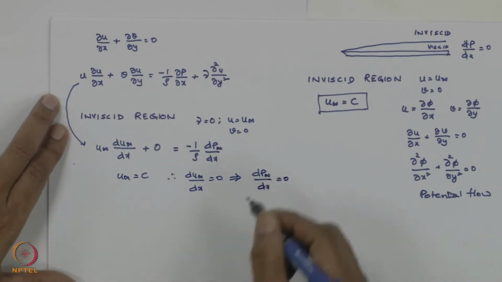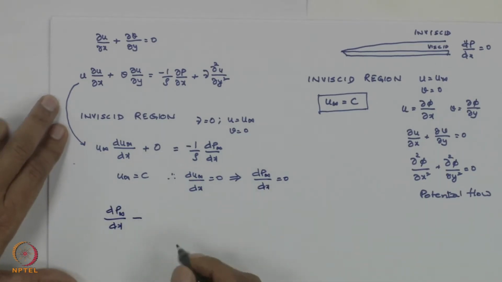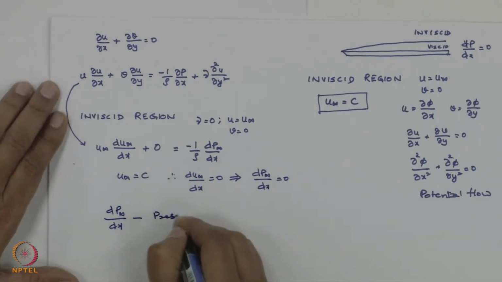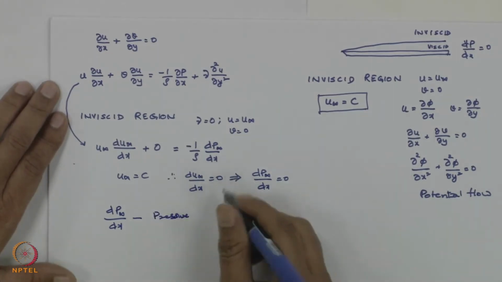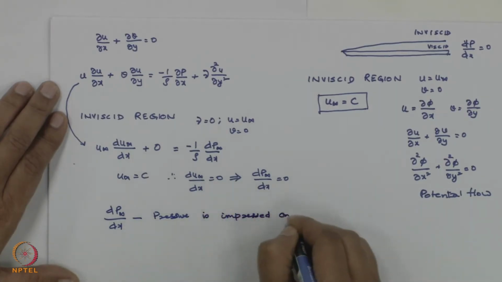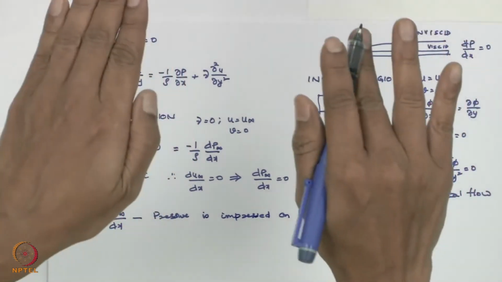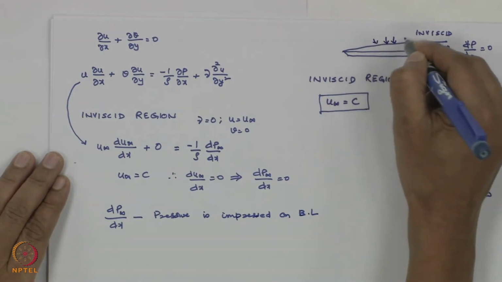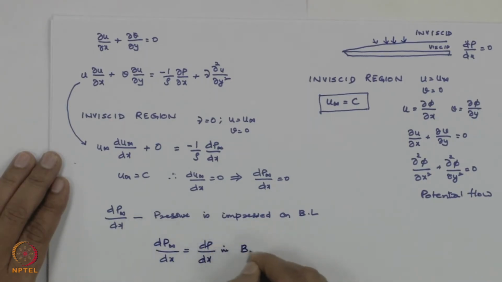Now, dP infinity by dx, how do I visualize that? This is nothing but the pressure impressed on the boundary layer. This is in the inviscid region, dP infinity by dx, it is pressing the boundary layer. So that is why dP infinity by dx would be equal to dP by dx, because that is the pressure which is acting in the boundary layer.